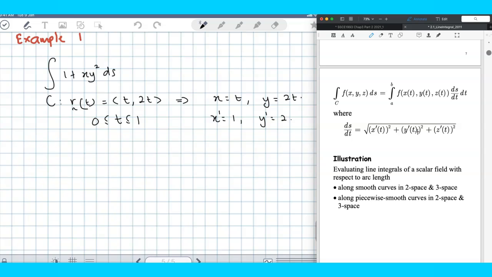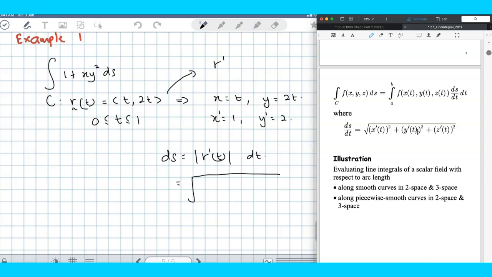Then, as we know, ds is the magnitude of r prime dt. So you have to find the square root of, so what is r prime? We can just directly differentiate.